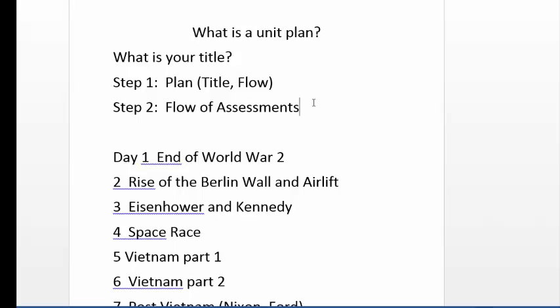Flow of assessments. Now, if you take nothing away from this unit but one thing, please listen at this point forward. You need to decide how you're going to do your assessments. Now, let me give you examples. Of all of your days, you're going to have objectives, remediation, enrichment. Now, do you want to make this clean and have your objectives and your assessments measured every day?